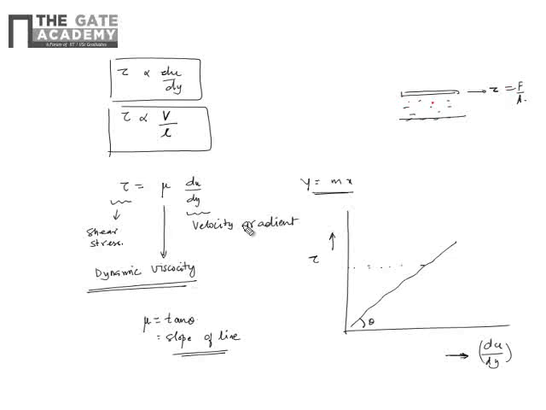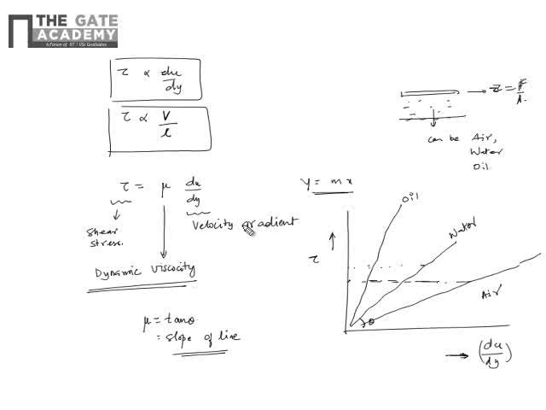Say this fluid can be air, water and oil. If you plot such lines, it will appear something like this. This is for air, this is for water, and the oil is quite steep, showing that the value of the slope is more.